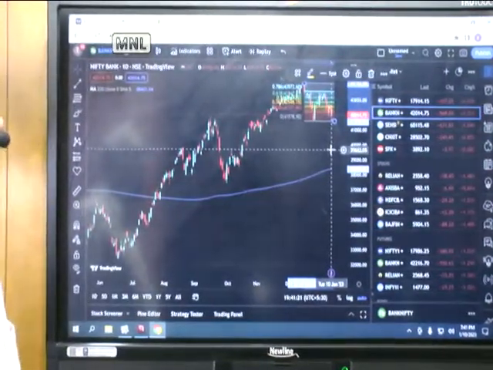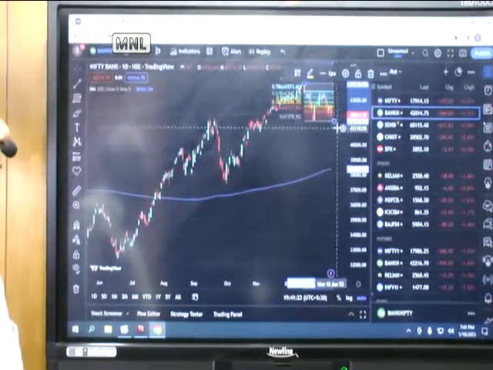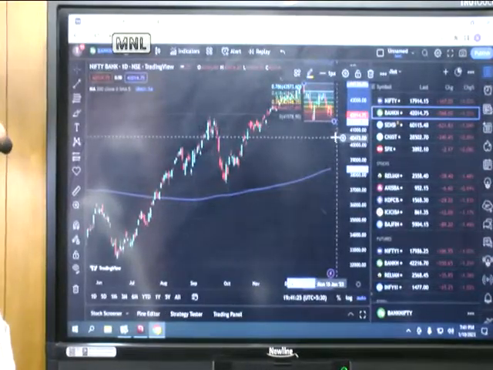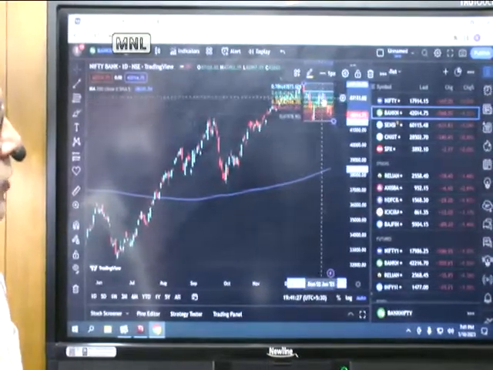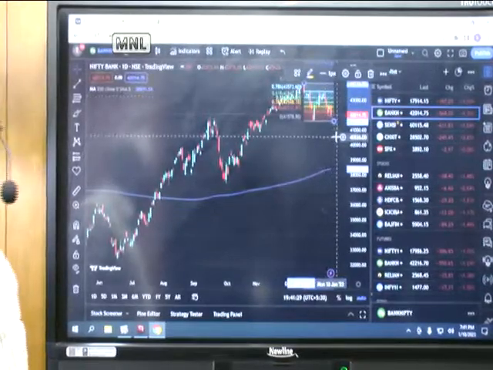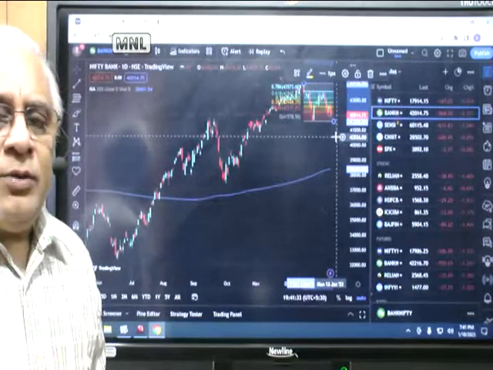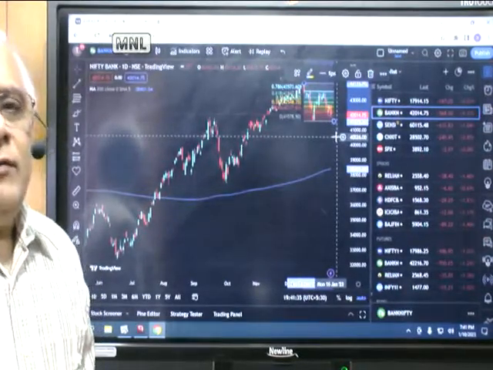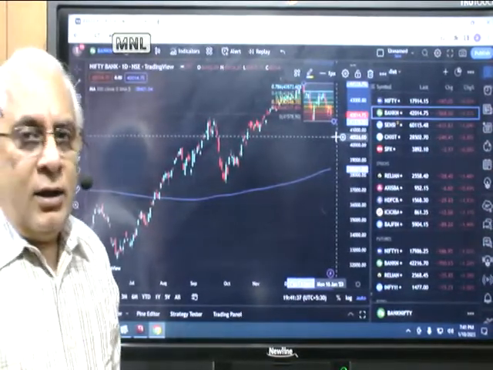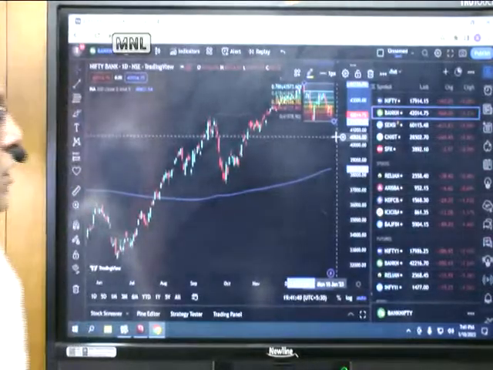So now we are looking at some sort of a fall, and if it happens, we will be looking for the Fibonacci from this level down to whatever level we get, and when the 61.8 to 78.6 is cut, then we will definitely look towards going for a long position.